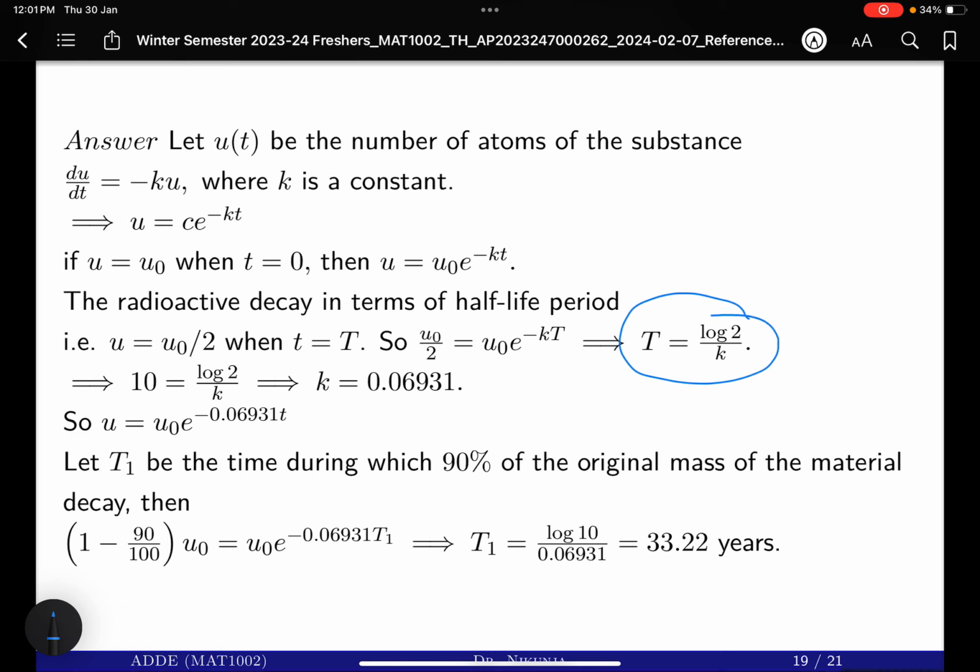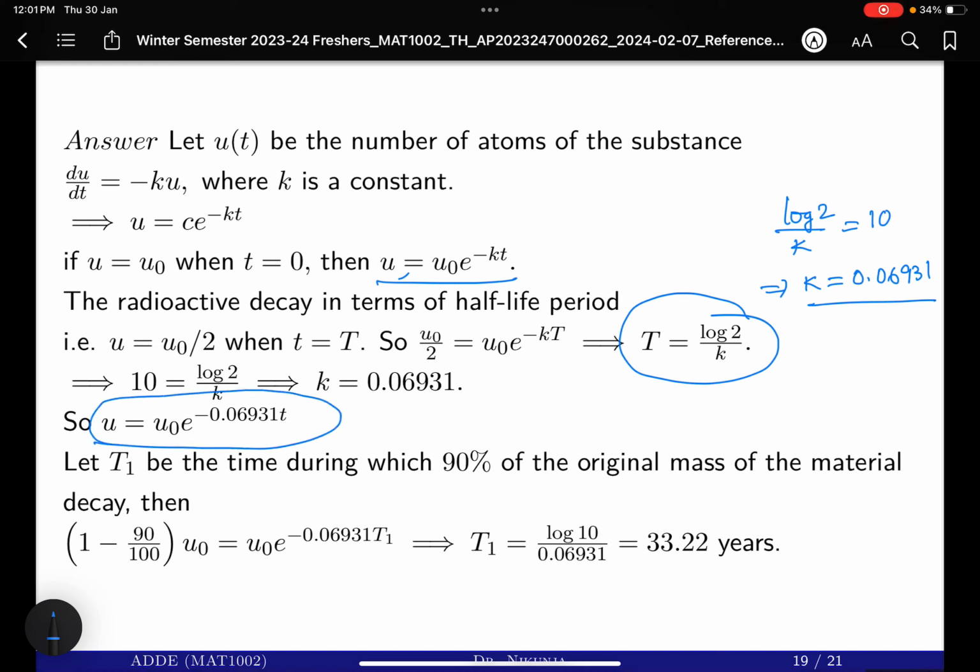So you can directly use this result: log 2 by k is equal to 10. So from here the k value you can find, that is 0.06931. Okay, this is the k value you have. So you back substitute the k value here, so you have this expression.